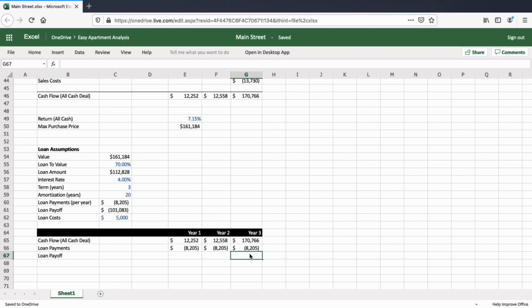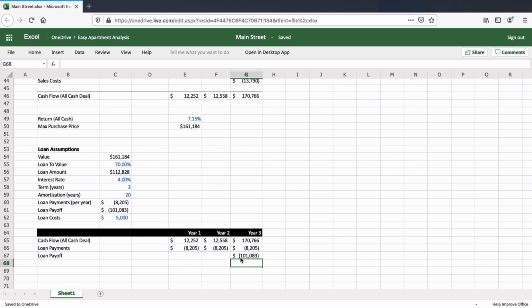And that is only going to go in year 3. As you can see, loan payments and loan payoff are negative, and the cash flow from the all-cash deal is positive. So the cash produced by the investment minus loan payments minus loan payoff. And that about does it for our future cash flows.